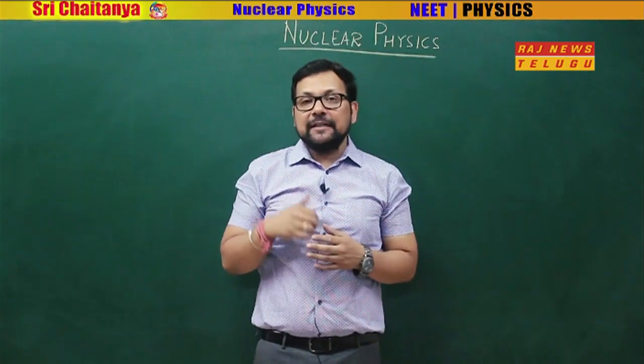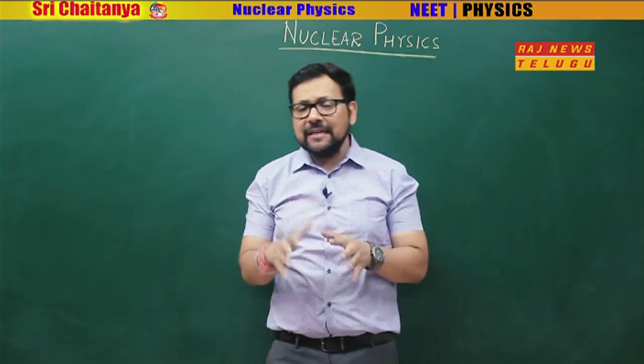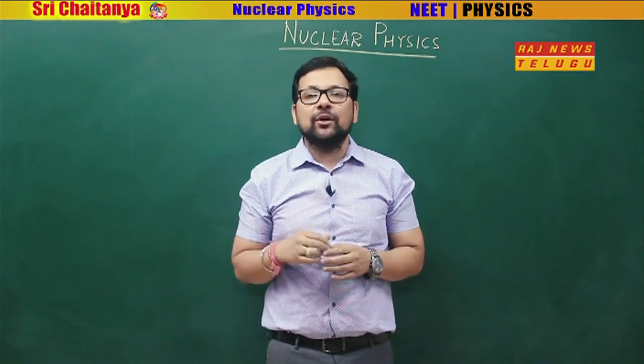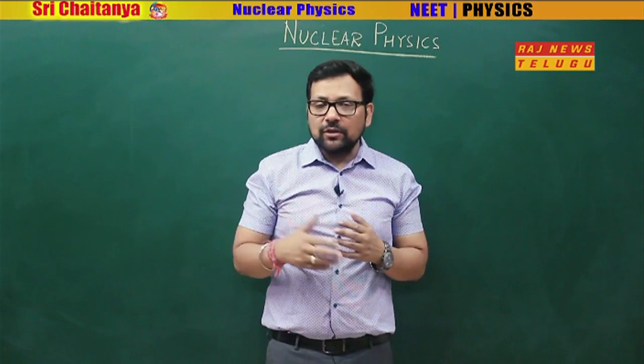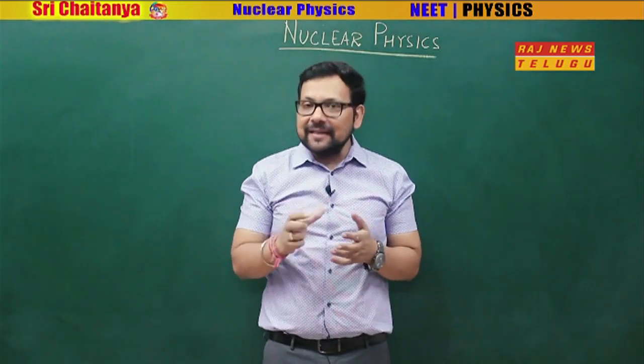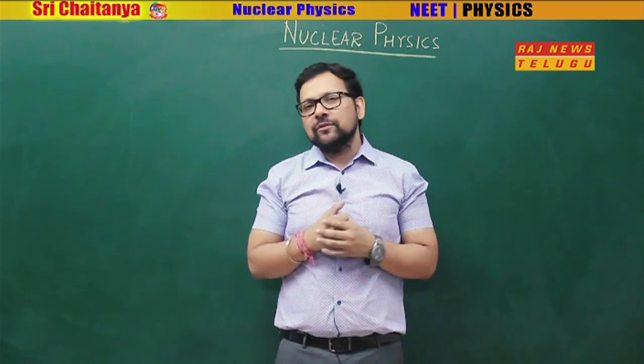So we have done with the concept of radioactive equilibrium, and we have seen some questions based on the law of radioactive decay. In previous classes also we have done the mass defect and binding energy questions. In today's class, what conclusion are we getting?